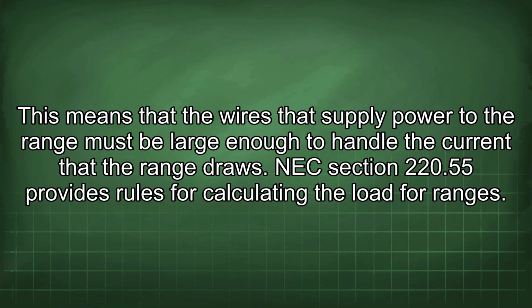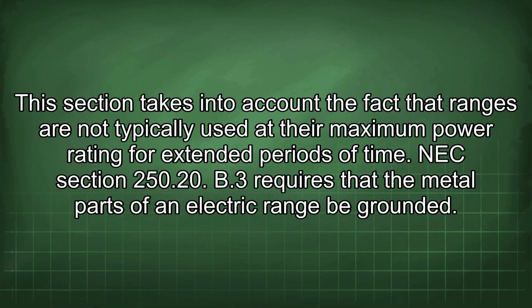NEC Section 220.55 provides rules for calculating the load for ranges. This section takes into account the fact that ranges are not typically used at their maximum power rating for extended periods of time. NEC Section 250.20(B)(3) requires that the metal parts of an electric range be grounded.